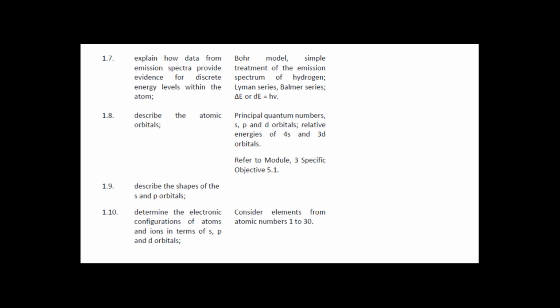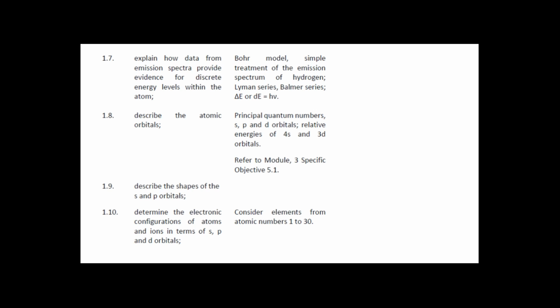And we're going to describe the atomic orbitals and look at principal quantum numbers together with s, p, and d orbitals. In this class, we're going to differentiate between shells, orbitals, and suborbitals.